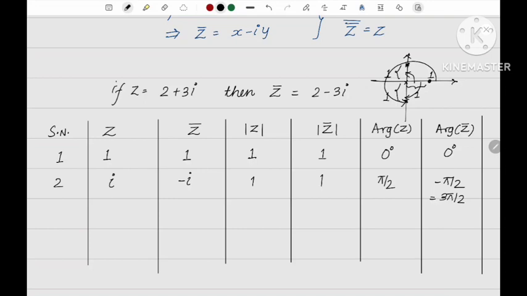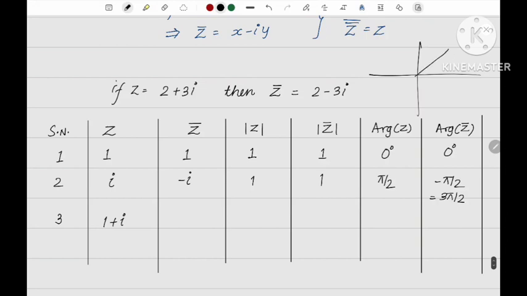Okay. Number 3, a general example. Let us say I will take 1 plus i. So what is 1 plus i? 1 plus i is somewhere here.